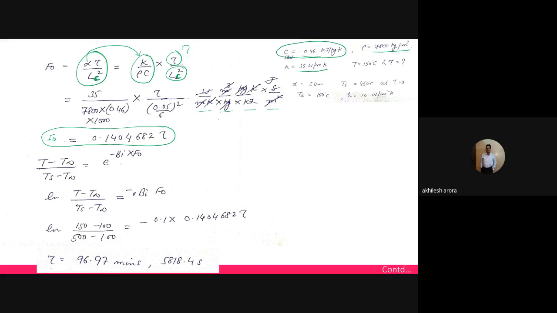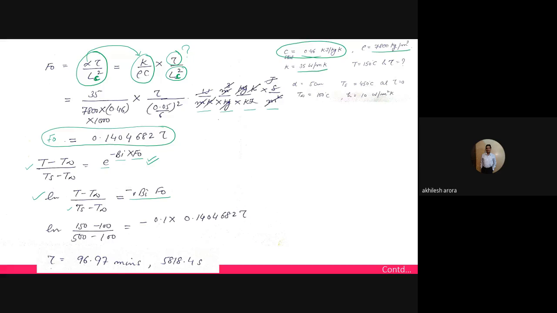All other values are known to us. I can rearrange this equation. It is given by (T minus T infinity) upon (Ts minus T infinity) equal to e raised to the power minus Biot number into Fourier number. So I can write it as log of (T minus T infinity) over (Ts minus T infinity), and here we are left with minus Biot number into Fourier number.